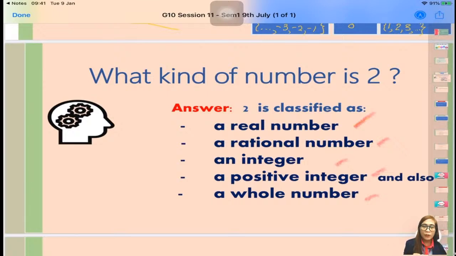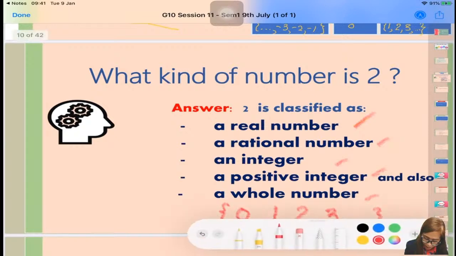So again, whole numbers are numbers which are positive integers and 0. So maybe I'll have here 0, then 1, 2, 3, ellipses. We call this dot as ellipses.